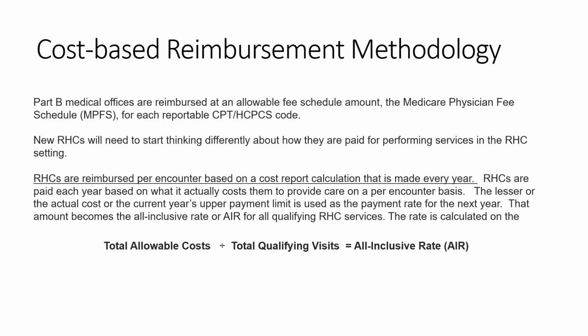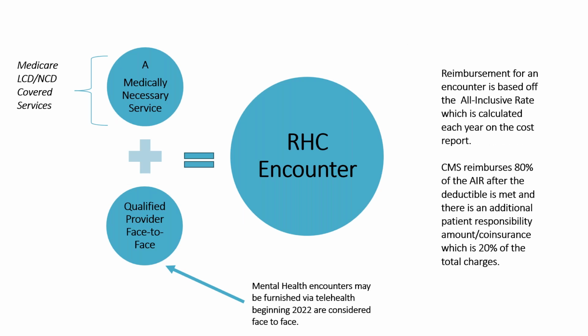That is as close as we can get to what it actually cost you to provide an episode of care. So when we think about things in the RHC, are we getting paid for something? Are we not getting paid for something? It's very important to change our mindset to this. We're being paid per visit or per encounter. And then I know you had a slide on Tuesday that was very similar to this.